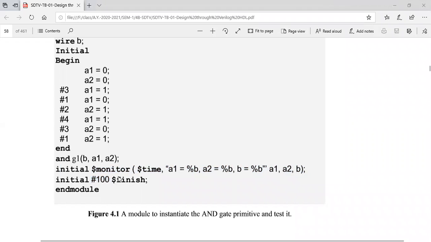And we are finished. What we are saying is finish the simulation after 100 nanoseconds, 100 units of time. So after 100 units of time, you just finish the simulation.